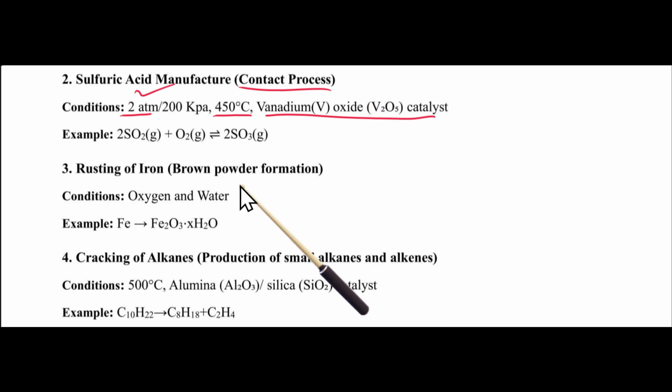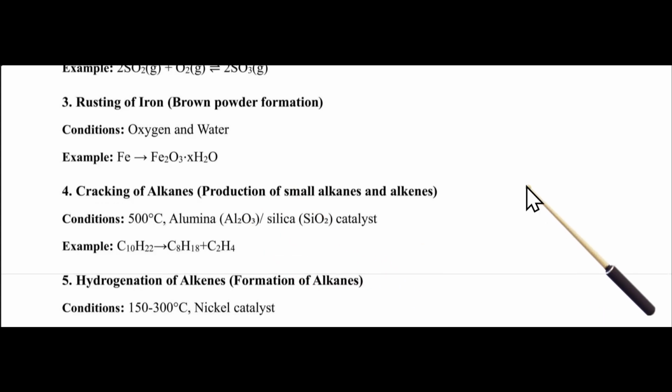The fourth one is cracking of alkanes. What does cracking of alkanes mean? It's the production of smaller alkanes and alkenes from the alkanes. And we already know what alkanes are. Alkanes are the saturated hydrocarbons, from which we can get smaller alkanes and also alkenes.